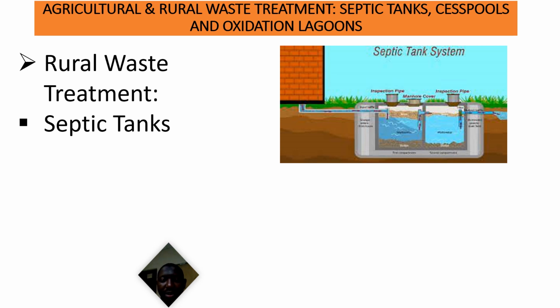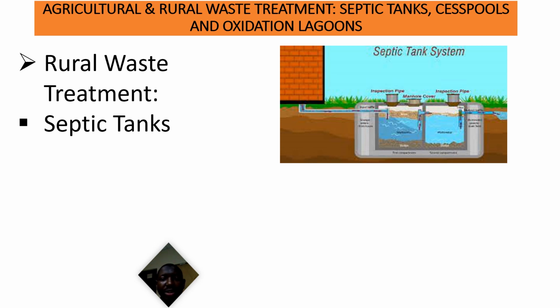So as the sewage is being added, the solids settle down at the bottom, while the water will now move into the next column of the tank. Now from the next column of the tank, the water will now be released into a field for irrigation purposes.